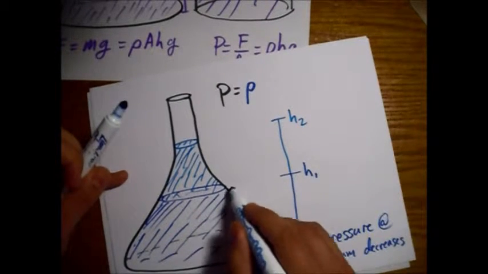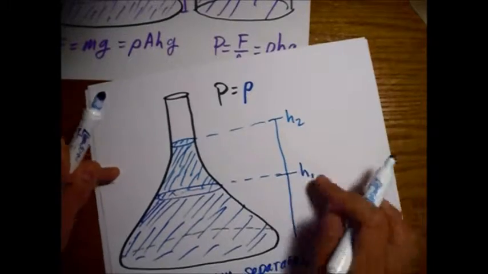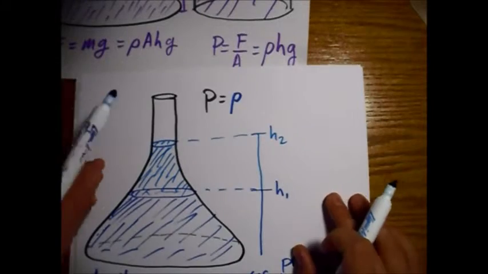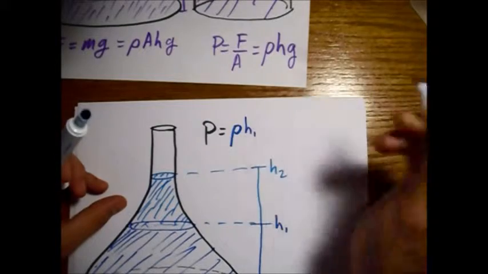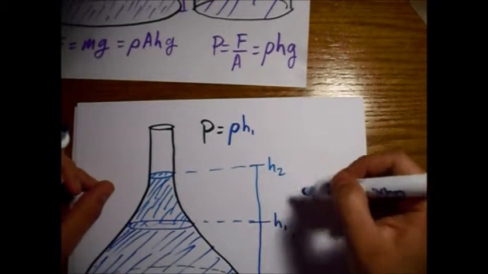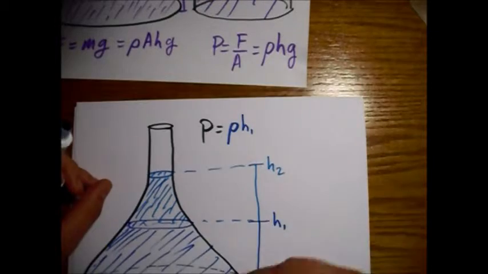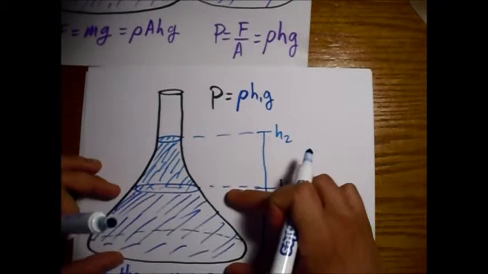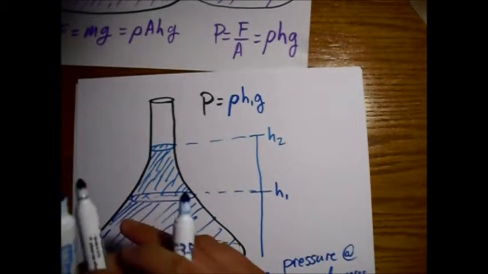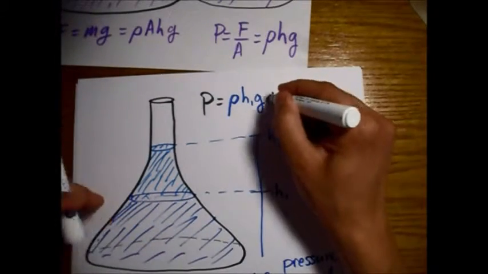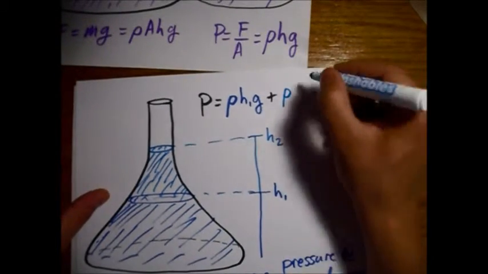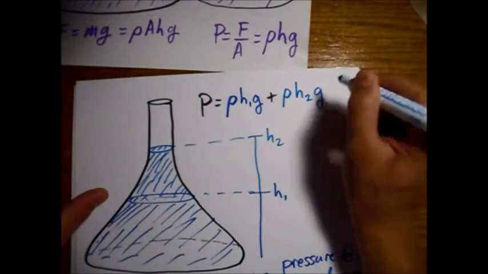These are the levels of the line between them and then the top. So we have rho H1 for the milk down here, times G. That's the pressure from this portion, and then we add to that the rho H2 G of the cream on top.